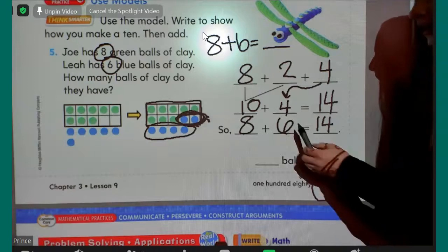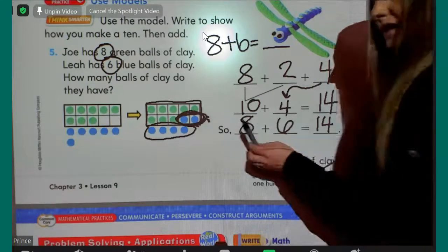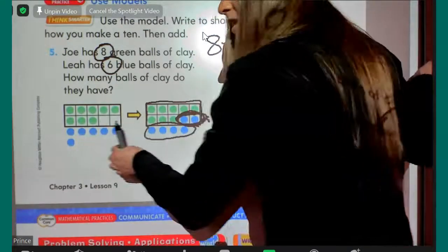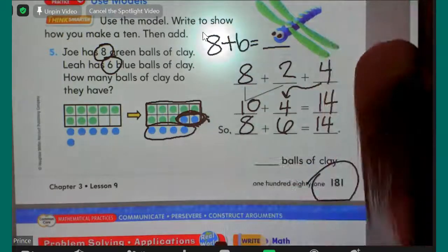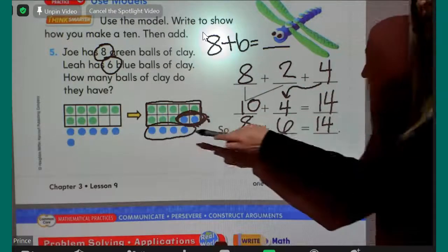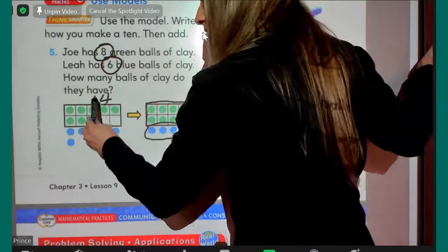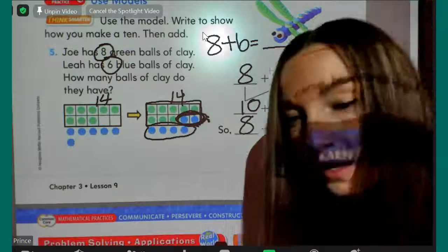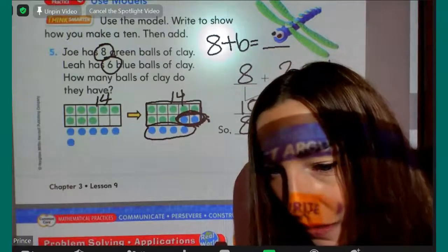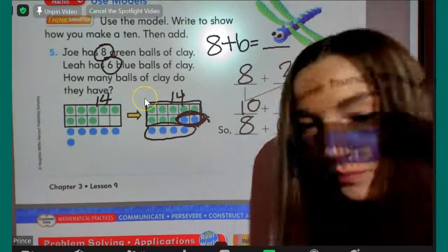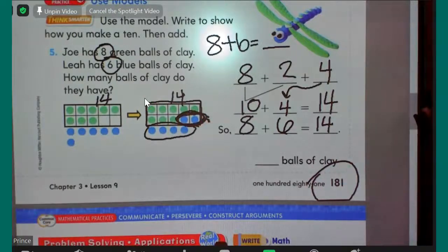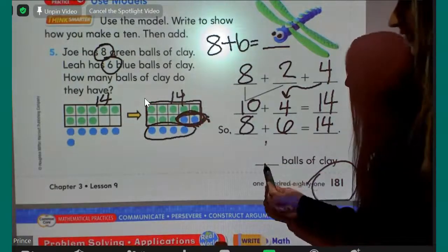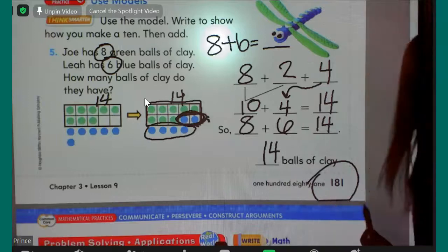Okay? The numbers changed, but the number of our counters didn't change. We still have 14 counters here. We still have 14 counters here. Okay, so all together we have 14.